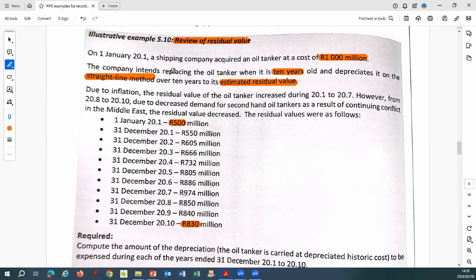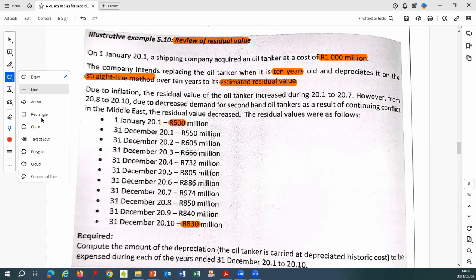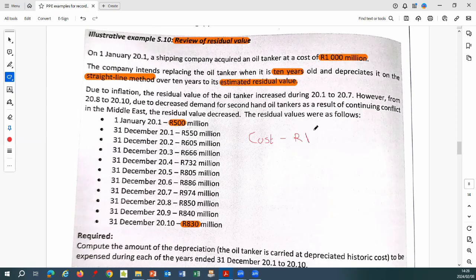So then what would happen in terms of our calculation is we would still be applying the same principle, which is to take our cost, the 1,000 million, minus the residual value, which is our depreciable amount, and we're going to divide it by our useful life. That's easy enough to do in the first year.